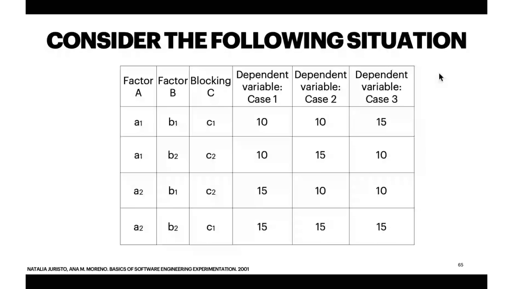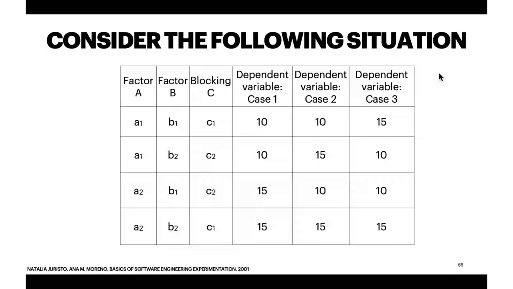So if the blocking variable is C1, then the dependent variable is 15. And the blocking variable, recall, is not something we can control. It's an undesired variation. So this means that in this particular experiment, we cannot distinguish between the impact of the blocking variable, this undesired variation, and the interaction between A and B.